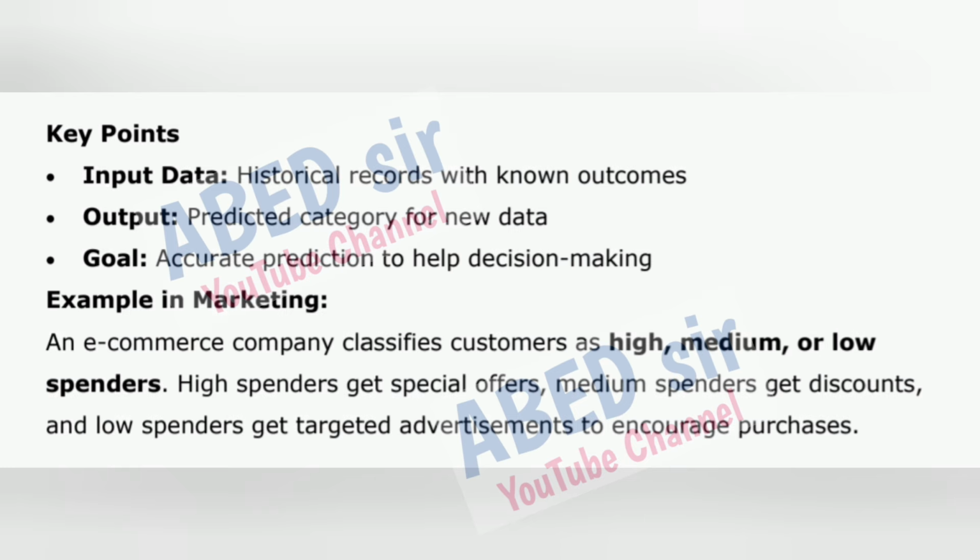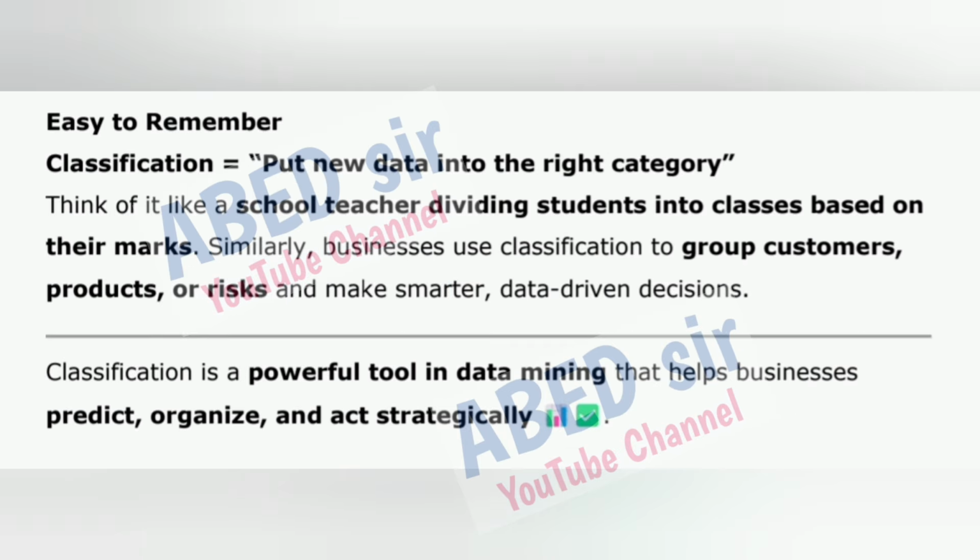Example in marketing. An e-commerce company classifies customers as high, medium, or low spenders. High spenders get special offers, medium spenders get discounts, and low spenders get targeted advertisements to encourage purchases. Easy to remember. Classification is equal to put new data into the right category.